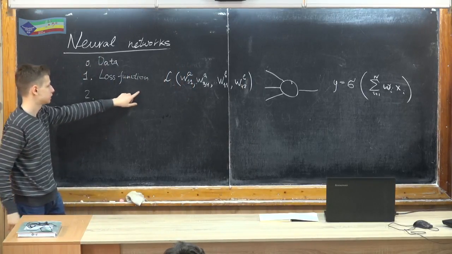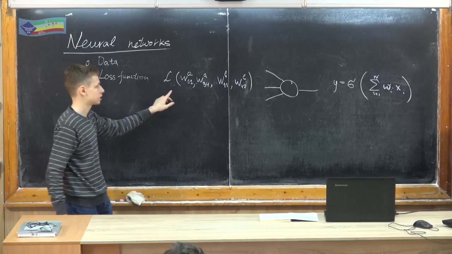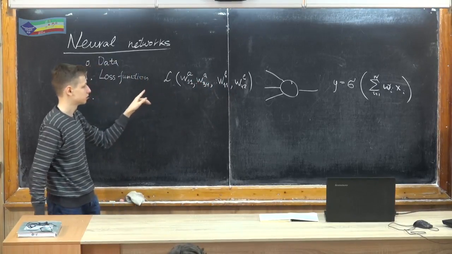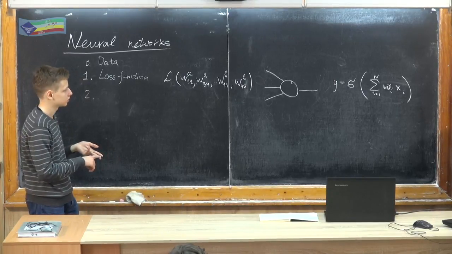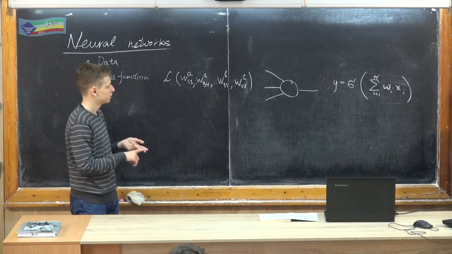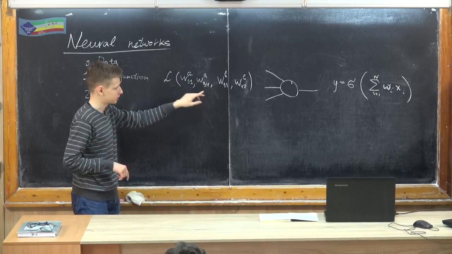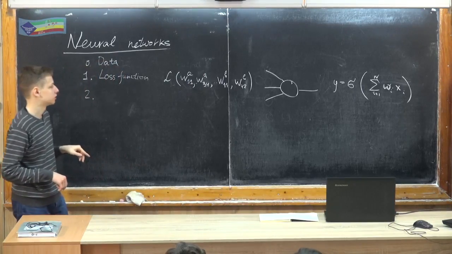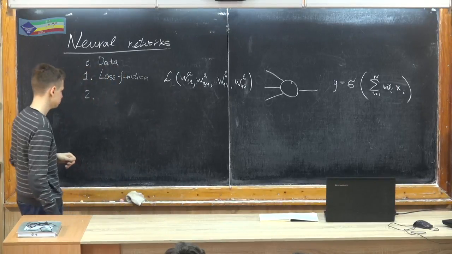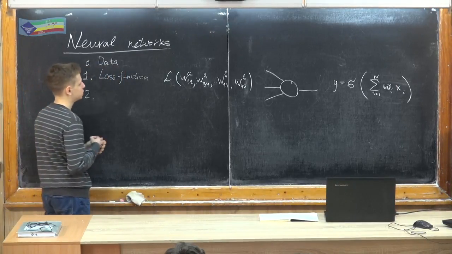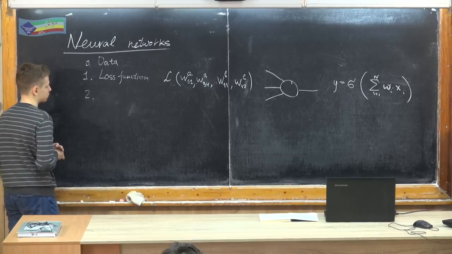So we have this loss function, and it has a lot of parameters because, for example, if we have 3 inputs, 4 hidden neurons and 2 outputs, then the number of weights is equal to 20, which is the number of parameters of the loss function. And we need to somehow define this loss function.